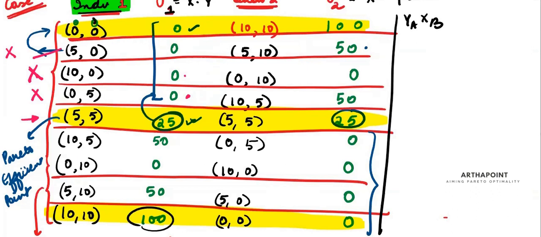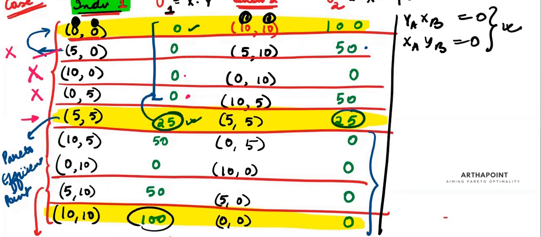It will be 0 into 10, which is 0. What will be XAYB? It will be 0 into 10. Sorry, this is 0, right? This is also 0. So the two are equal. So yes, this has to be a Pareto efficient point.